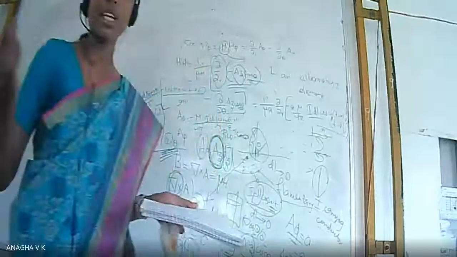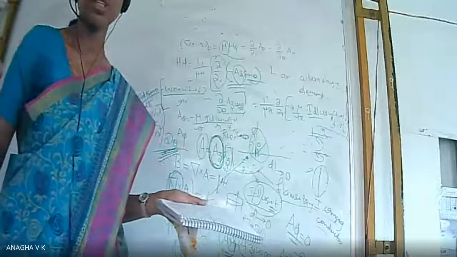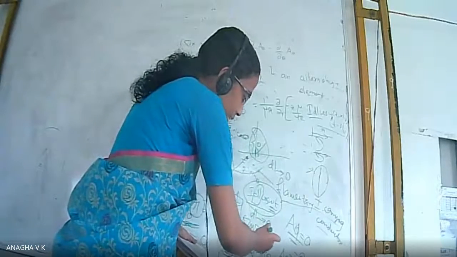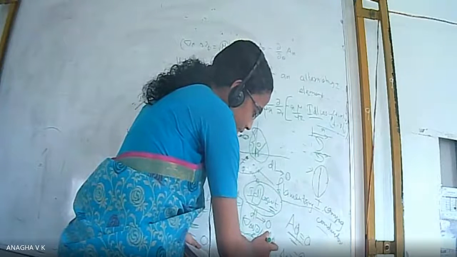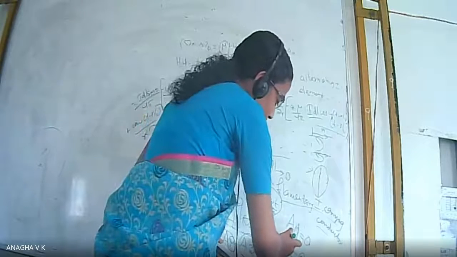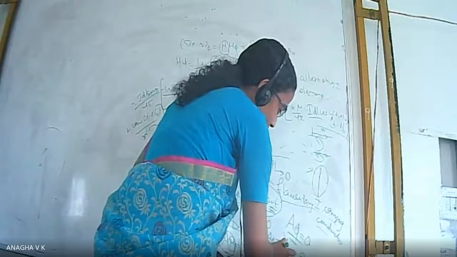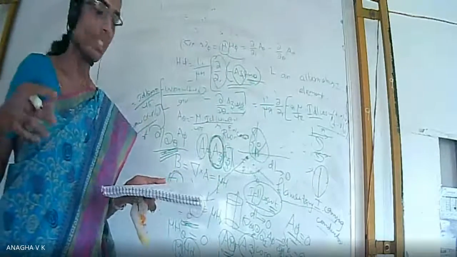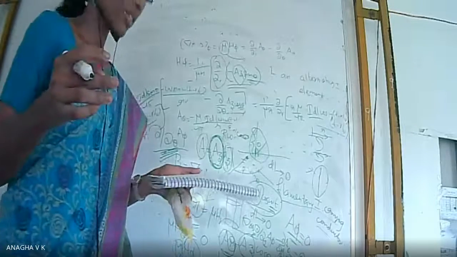If R is present, the other two variables you consider and differentiate with respect to that. One component you take phi and you differentiate with respect to theta. Next you consider a minus sign and the other component theta, and you differentiate with respect to phi. Likewise, you differentiate all the things.